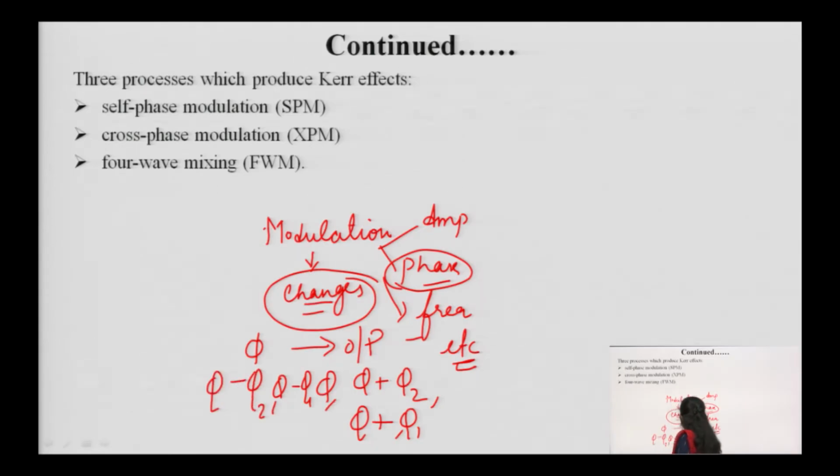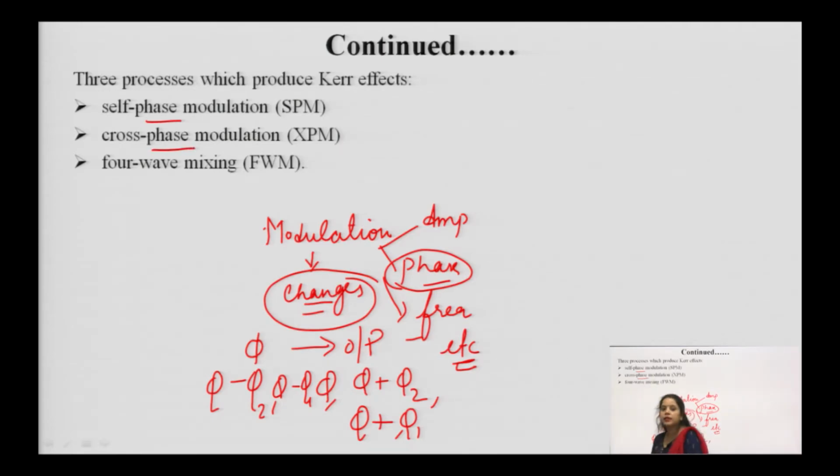So, there will be a change in the phase when we talk about the phase modulation. In general terms, when there is a change, it is called modulation. Self phase modulation and cross phase modulation.